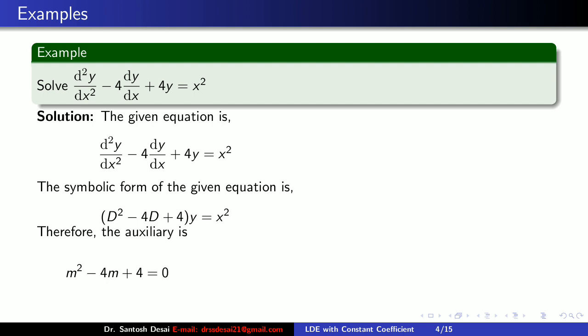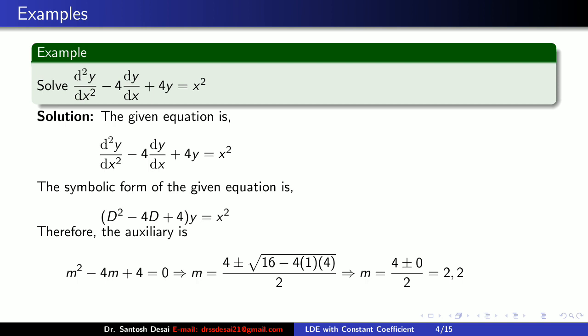Now, this is a quadratic equation. Simplifying this, we get m is equal to 4 plus minus square root of 16 minus 4ac, where the value of a is 1 and c is 4, divided by 2a, and the value of a is 1. Now, simplifying the square root, we get m is equal to 4 plus minus 0 divided by 2. Simplifying this, we get m is equal to 2.